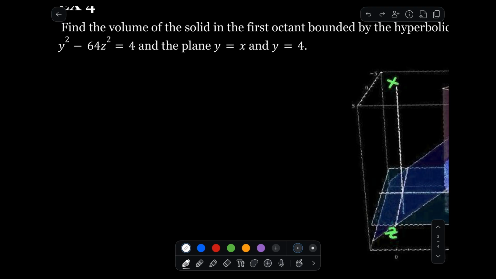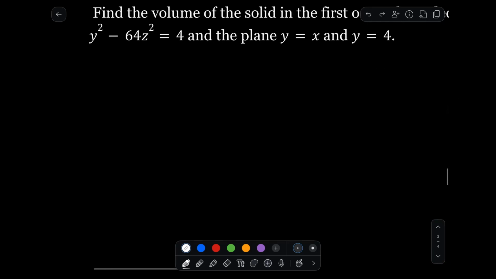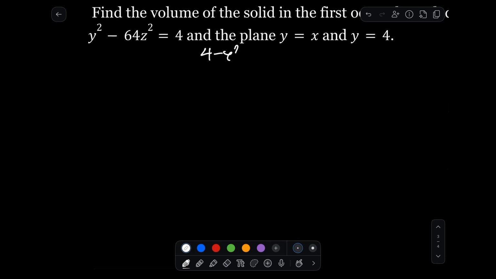Now, I'm going to go dz, dy, dx. That's a familiar thing that I'm doing. Let's jump right into it. Let's isolate for our z. We get 4 minus y squared equals 64z squared. Divide that by 64, that cancels.